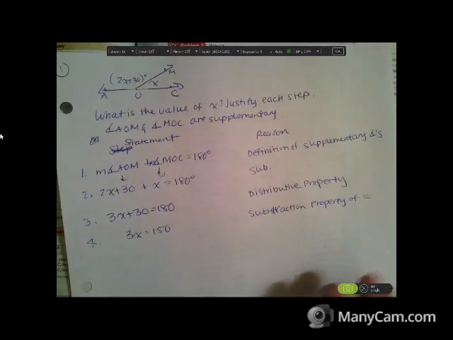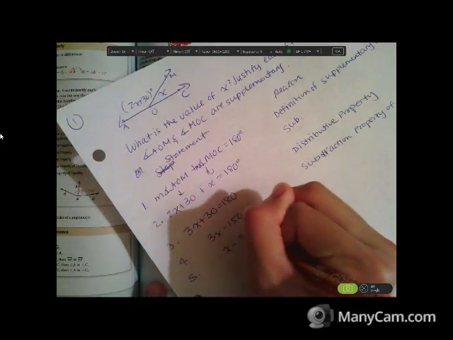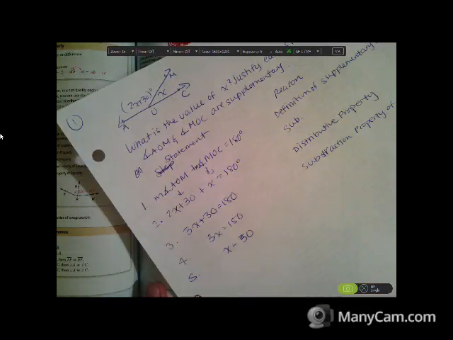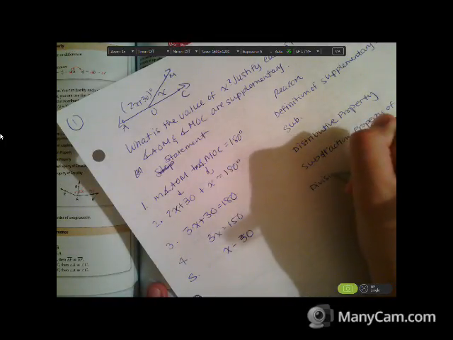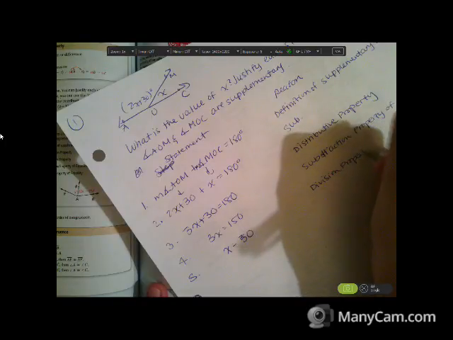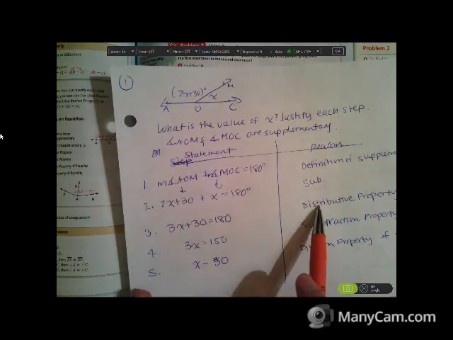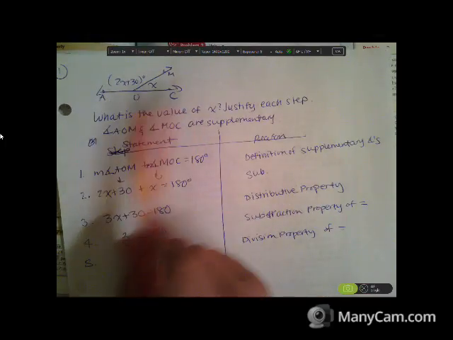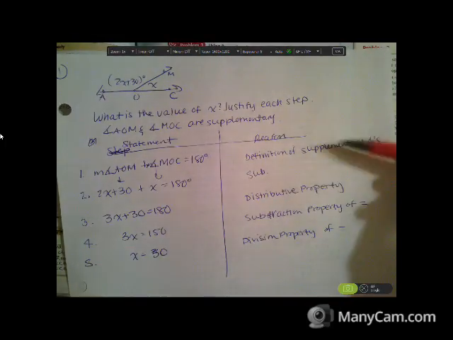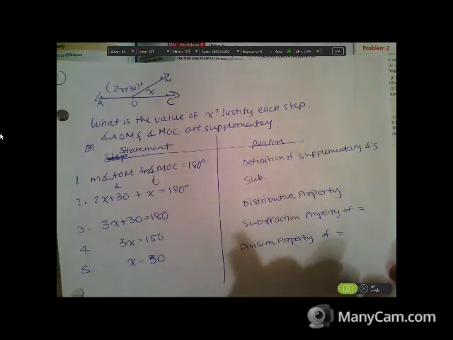Then divide by 3 on both sides, you get x equals 50, and that is by the division property of equality. So you can see here we have a statement and a reason. Now, you guys probably already knew you would take these steps, but here are the reasons to justify. And this is going to lead you into the 2-column proof that we're going to see soon.